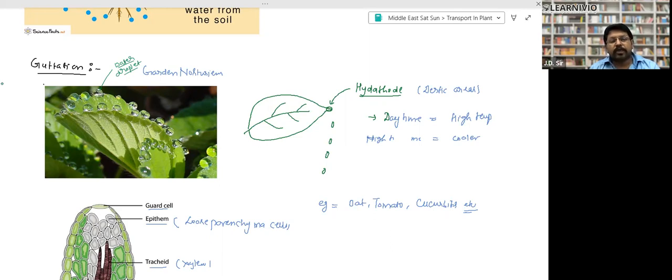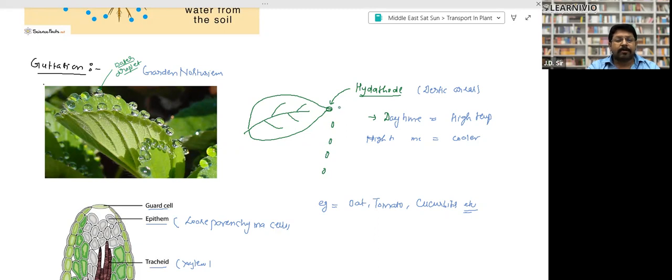Basically, in those areas where the daytime is very hot and the nights are colder, guttation takes place. Guttation is when water comes out of the leaves in the form of droplets. It is very common in South Africa and those countries where the temperature is very high in the daytime and low at night.